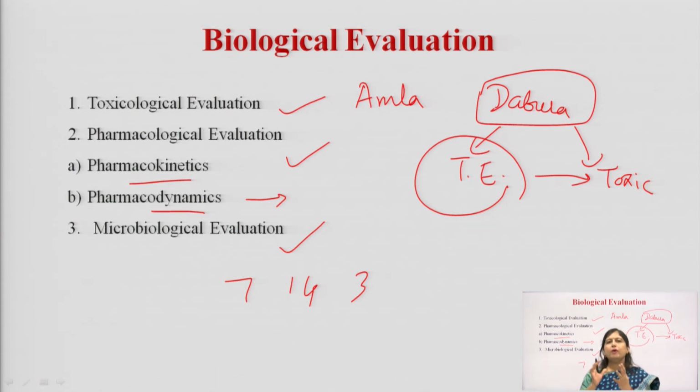I will take a group of animals, and first of all induce diabetes in those animals. It can be done by removing the pancreas or by giving certain toxic drugs. So, when the diabetes is incorporated in that particular animal, after that we start giving the drugs to those animals.